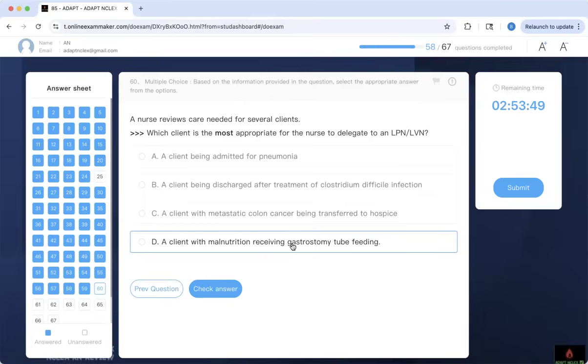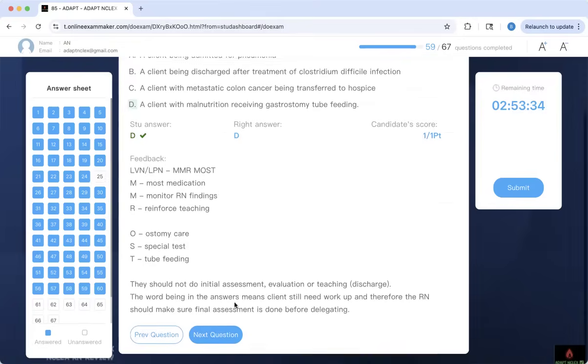You don't teach people, you just reinforce it. A client with metastatic colon cancer being transferred to hospice, you have to give a report, you're not responsible. A client with malnutrition requiring gastrostomy tube feeds, you can take care of it.